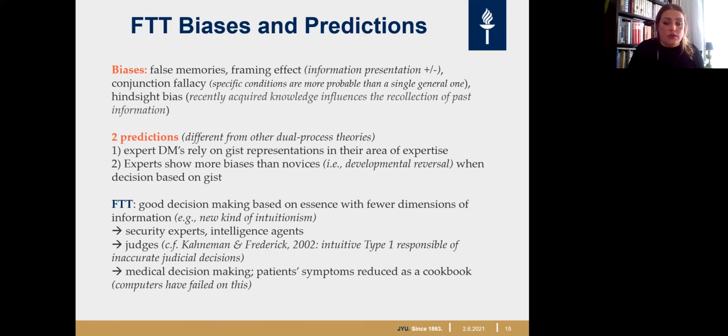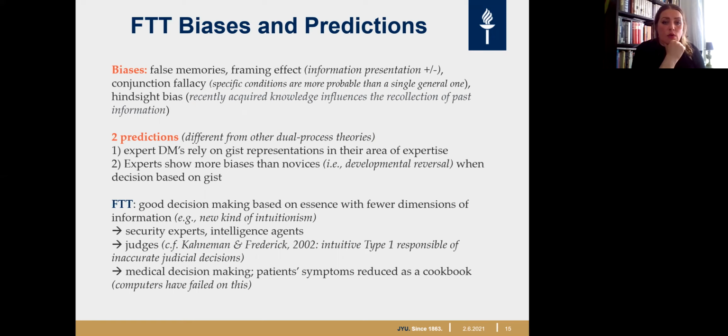Then also often occurring is the conjunction fallacy, in which specific conditions are seen as more probable than a single general one. And then fourth, the hindsight bias, that recently acquired knowledge influences the recollection of past information. So according to experiments of FTT, these are the most common biases in expert decision making.